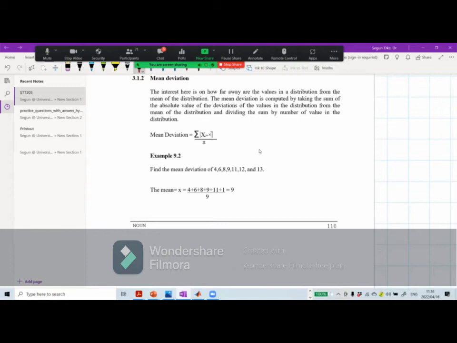I think we're supposed to solve the bracket first. We are moving towards that, but we already have what is in the bracket, the absolute value of x i minus x bar.